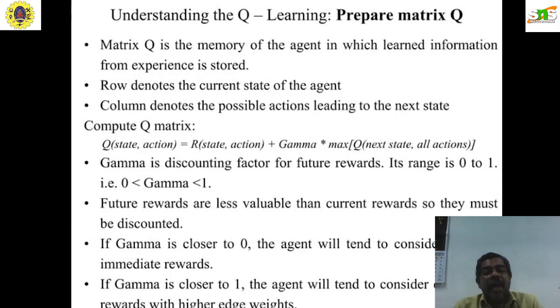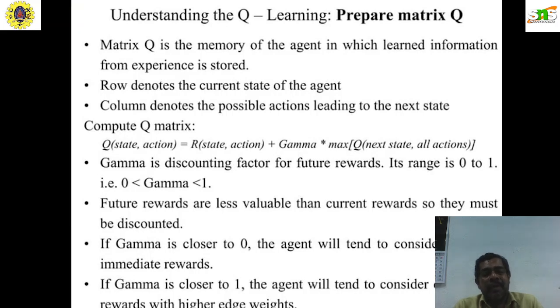If gamma is closer to 1, the agent will tend to consider future rewards with higher weights. So gamma alone determines how the model reaches its destination by gaining the rewards.